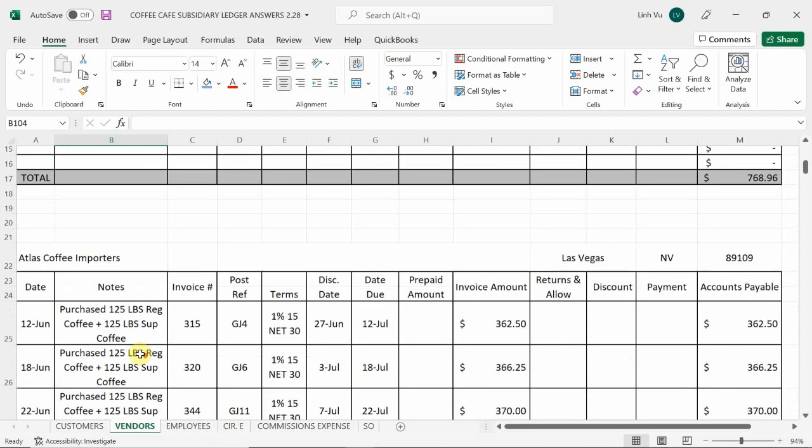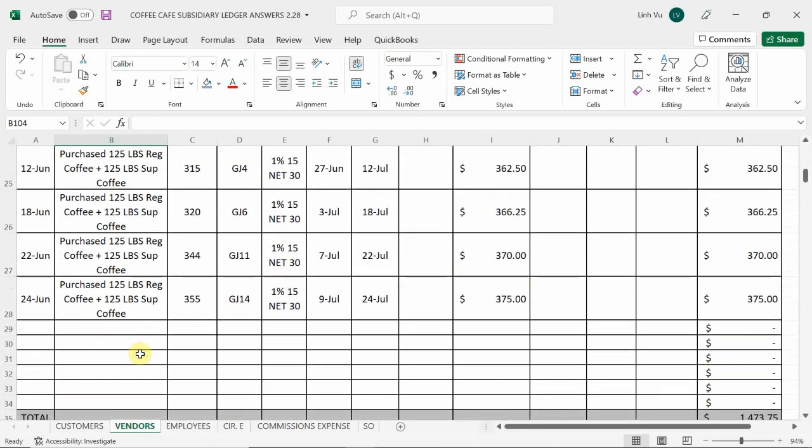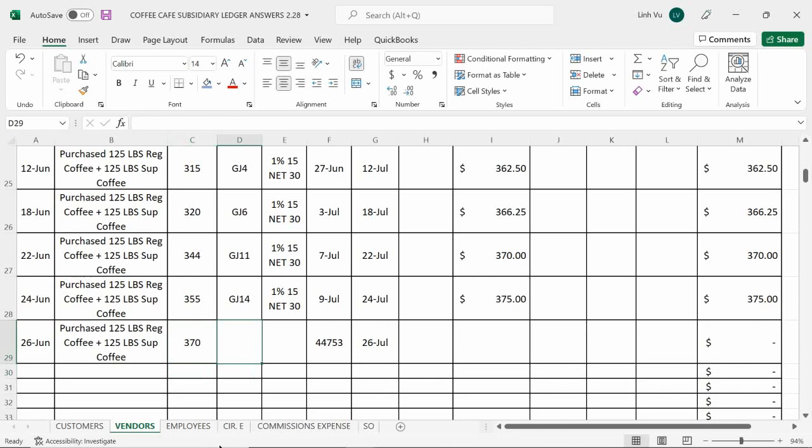This is my 5th batch of coffee, with the same terms.